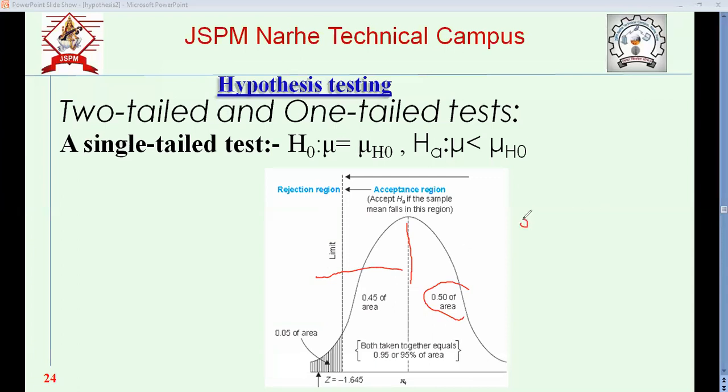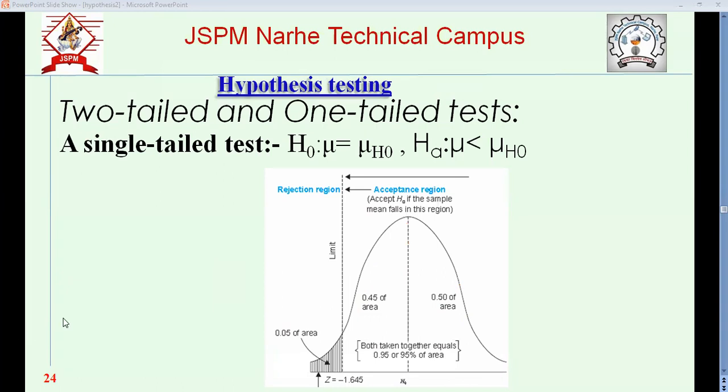But out of 0.5 we have to subtract our error 0.05. When you subtract 0.5 minus 0.05, it becomes 0.45. So for 0.45, we have to select the Z.